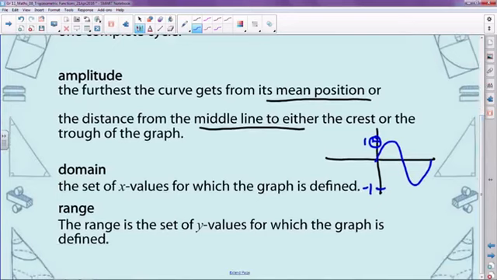Now, when you looked at your domain, remember we said it is the set of x values for which the graph is defined. And your range is the set of y values for which the graph is defined as well.